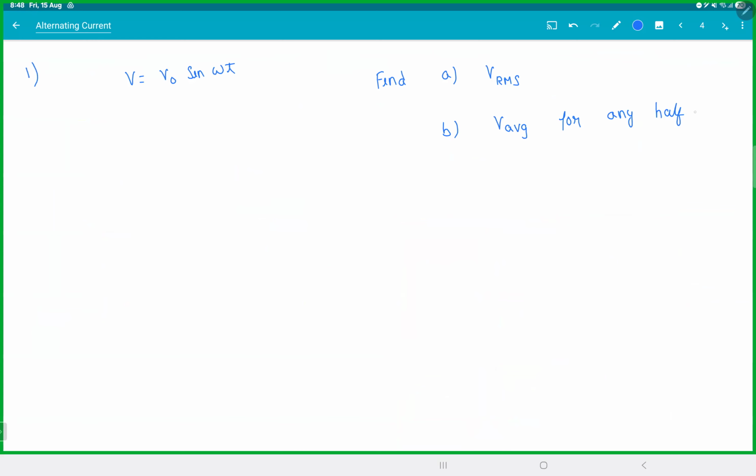Half cycle meaning half time period. Let's get this. You just have to put it in the function and integrate. For a sine function, what is the VRMS value? Get this, it's an easy one.